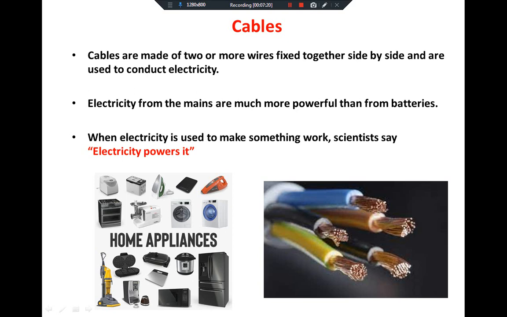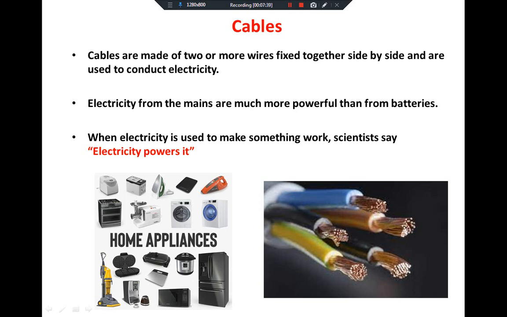Therefore, cables are used, and they are all electricity, like powering them. Therefore, scientists say that electricity powers each one of these appliances individually.